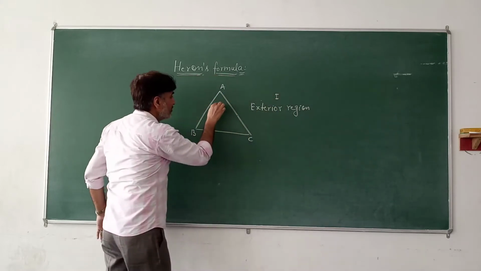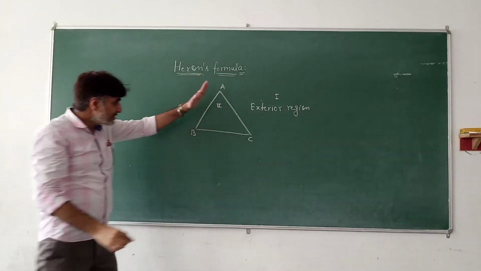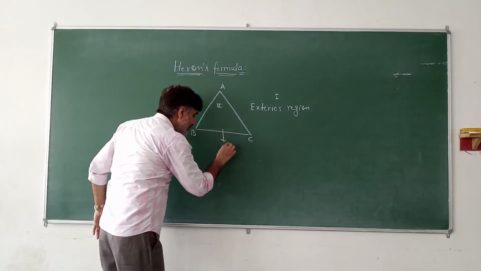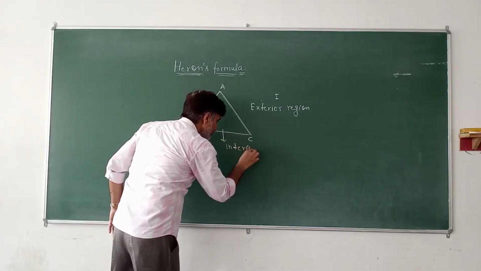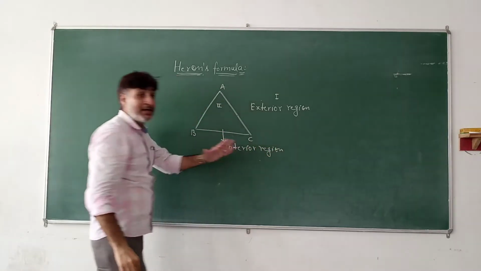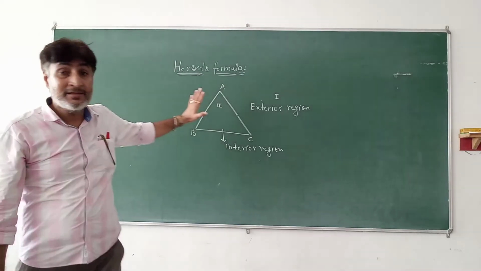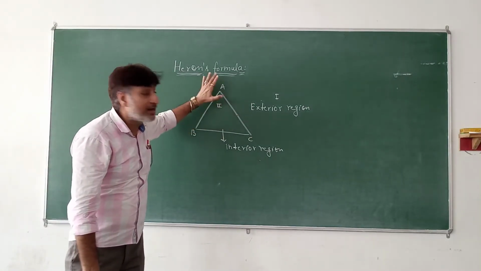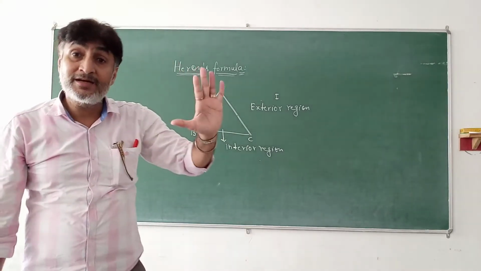The second part is inside this triangle, which is called the interior region. And the third part of this plane is the triangle itself.